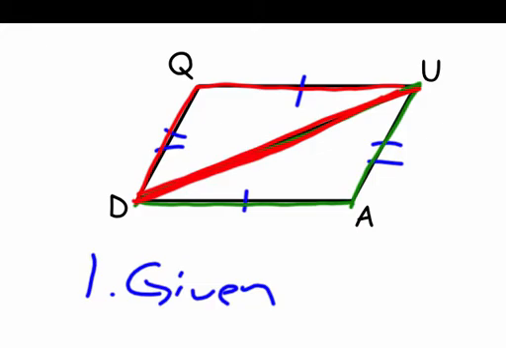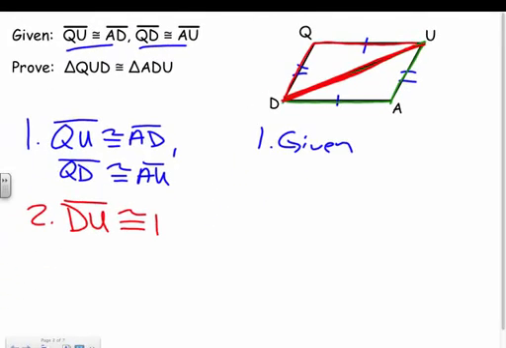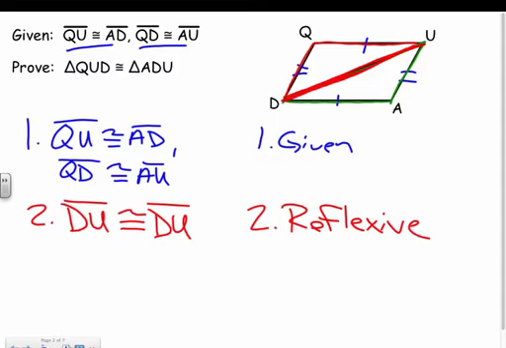So DU, I have to state, is congruent to itself, because I have to have 3 congruent side statements in order to have side, side, side. And having something congruent to itself, we learned the other day, is our reflexive property. Reflexive.